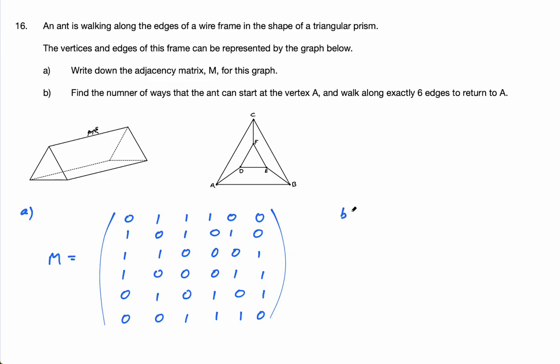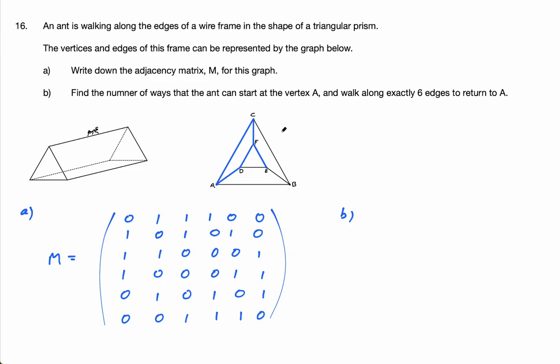Part B then, he says, find the number of ways that the ant can start at A and walk along exactly 6 edges to return to A. So what that means is he could go 1, 2, 3, 4, back to there, 5, 6.